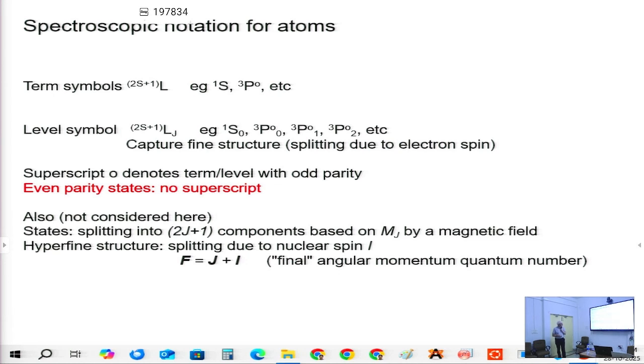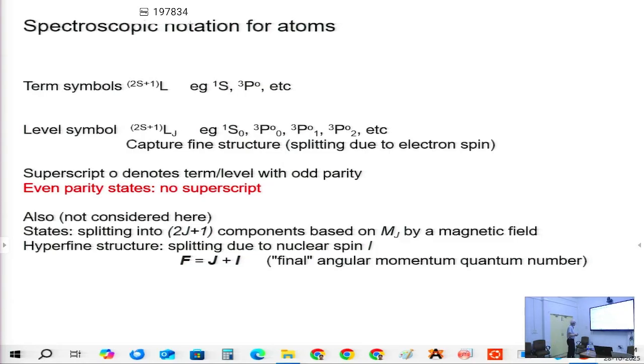So you have 3 layers you can label the atoms at. The top layer is a term, where you don't consider the fine structure. That's written as the spin degeneracy as a superscript times the orbital letter giving the orbital angular momentum.